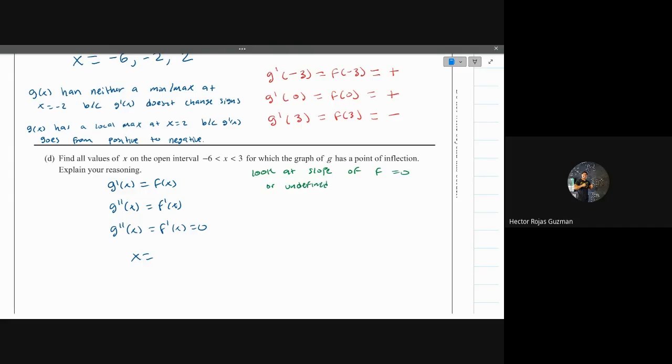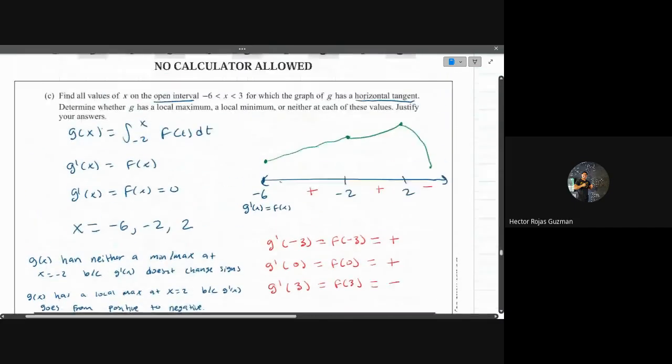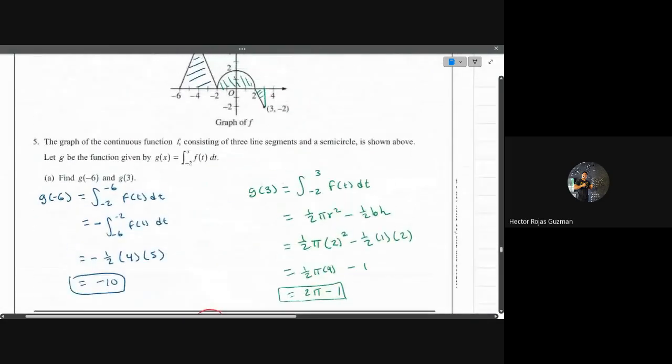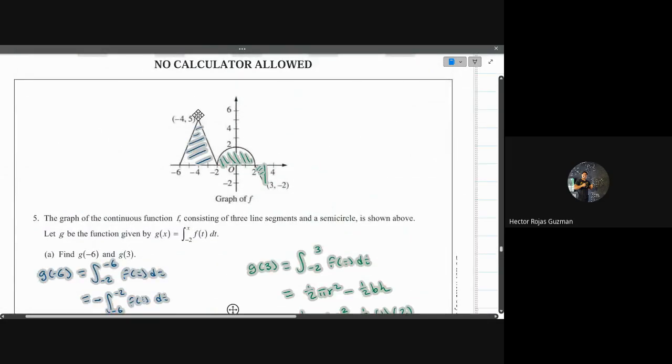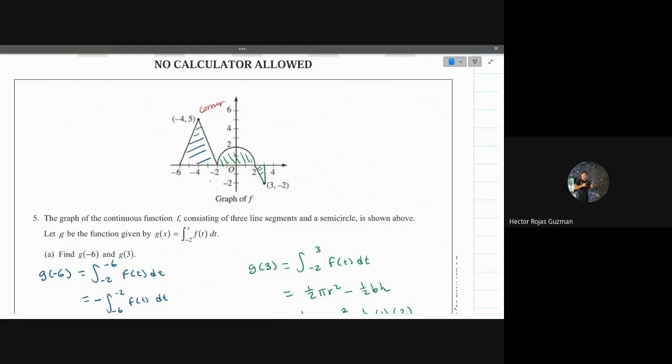We have -4, we have -2, and 0. We have -4 because the slope is undefined. We have a corner. We have -2 because we have another corner or a cusp. And at 0, we have a horizontal tangent line.